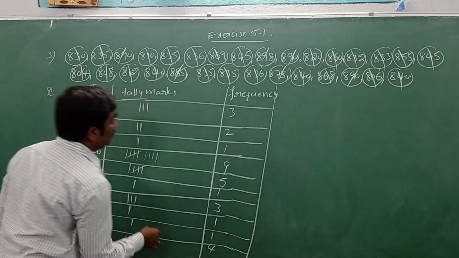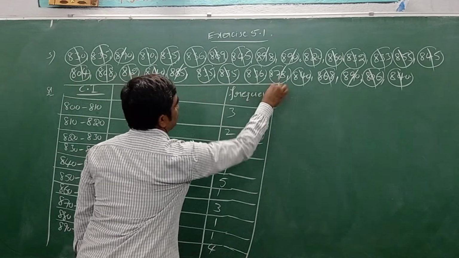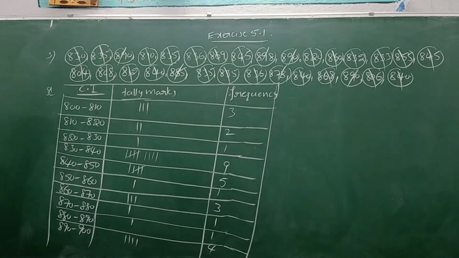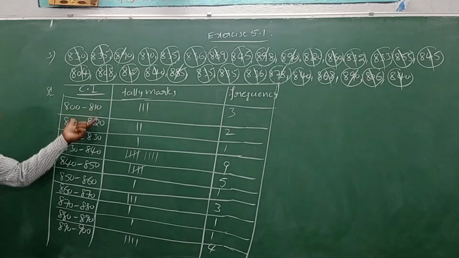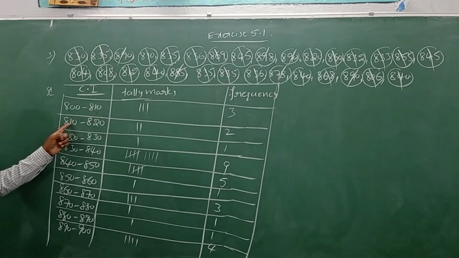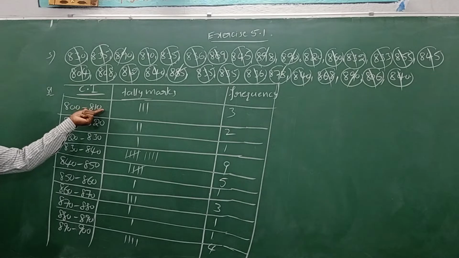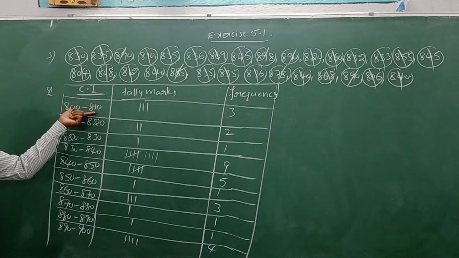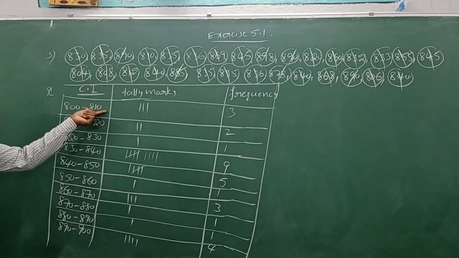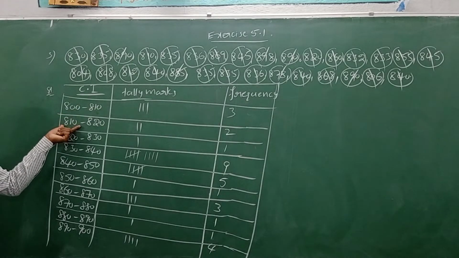We are going to represent the data. Hope everyone understood. Easy one. These are called class intervals, and they are called continuous class intervals. In a continuous class interval, the upper limit is not included in the particular class interval. The upper limit is included in the next class's lower limit.